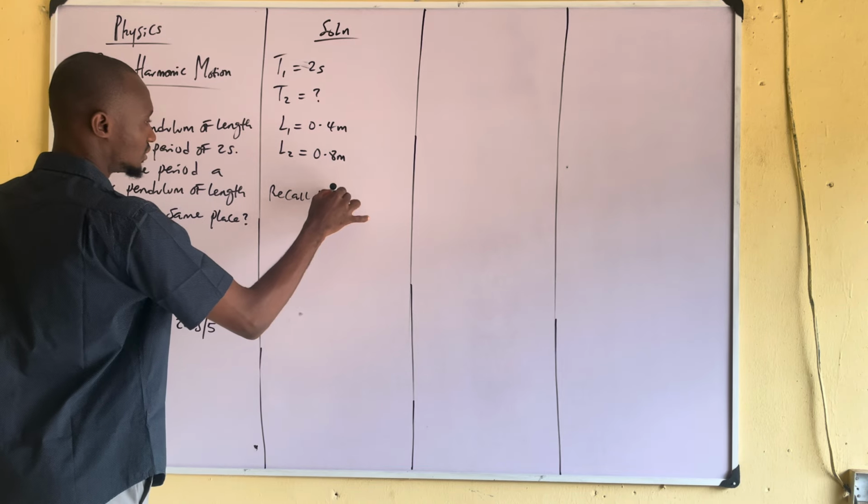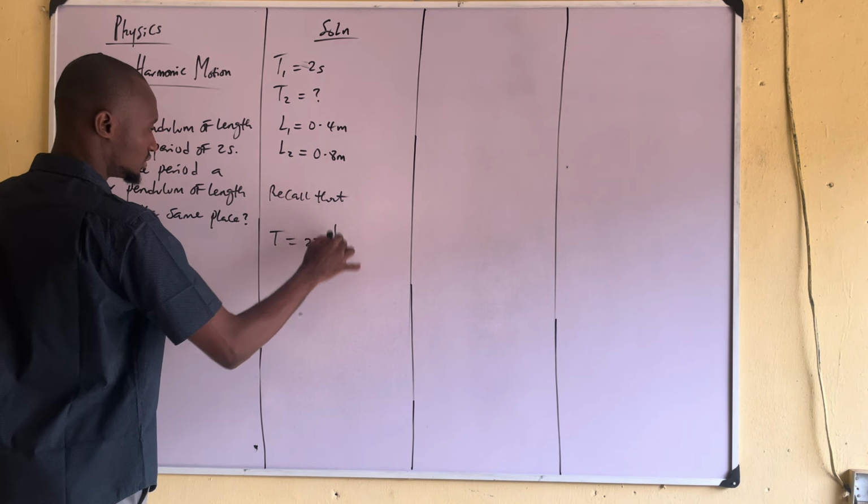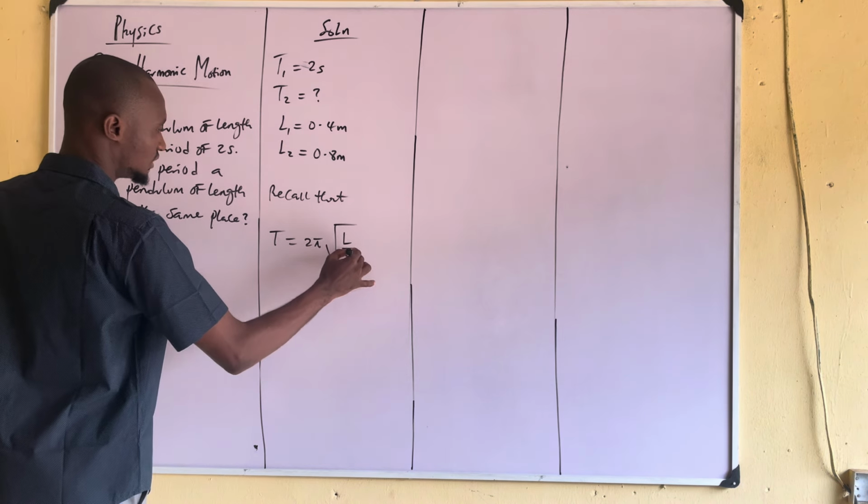Now, recall that T is equal to 2 pi root L over g.